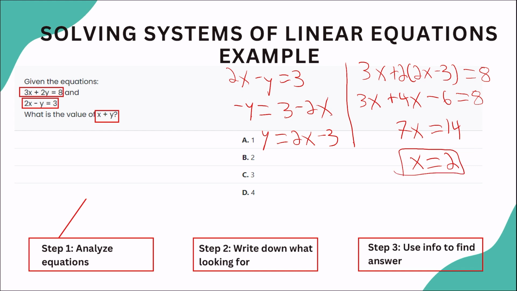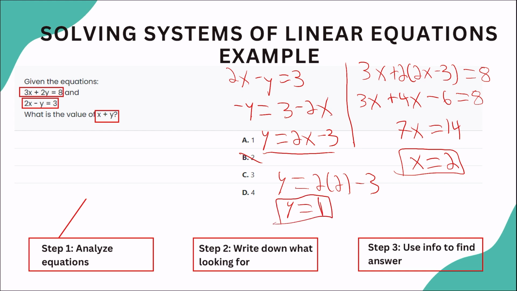Okay, so we have x equals 2. Now don't get tempted by B here, because we're not looking for x. So let's find y now. And I'm going to find y just by plugging x into this equation right here. So y equals 2 times 2 minus 3, y equals 1.